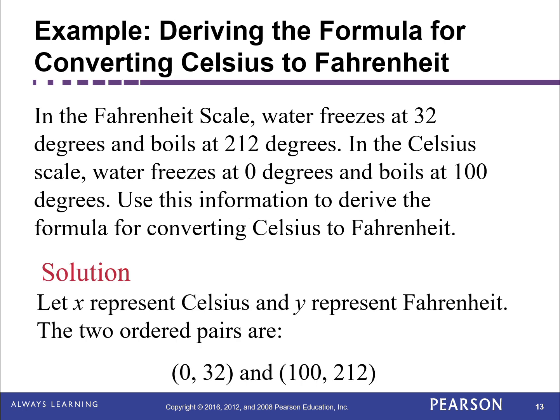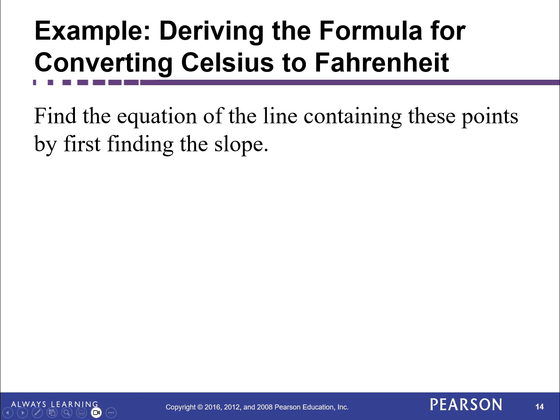Well, all that information is a set of 2 points, right? So 2 points, (0, 32), corresponding to the water freezing point, and (100, 212), corresponding to the water boiling point. Okay, if we have 2 points, we can create a line, which means we can also create the function of that line.